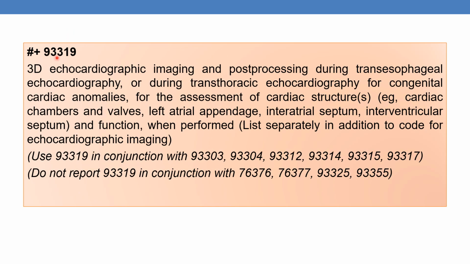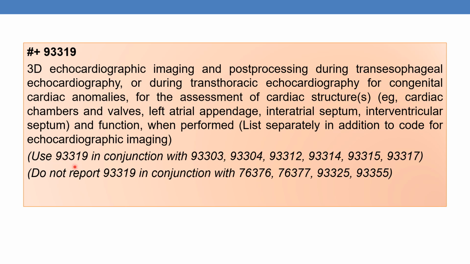The next is an add-on code, plus 93319. 3D echocardiographic imaging and post-processing during the transesophageal echocardiography (TEE) or during transthoracic echocardiography for congenital cardiac anomalies for the assessment of cardiac structure. For example, cardiac chambers and valves, left atrial appendage, interatrial septum, interventricular septum and function when performed. List separately in addition to the code for echocardiographic imaging.